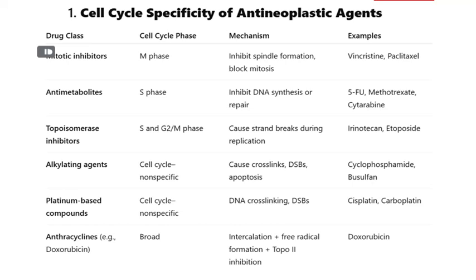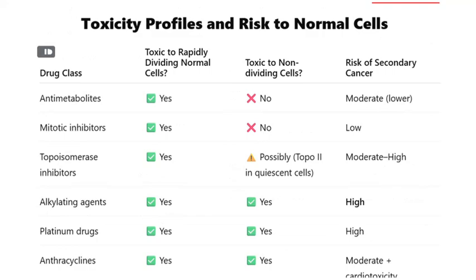So mitosis or S-phase specific drugs like antimetabolites and microtubule inhibitors tend to be less systemically toxic to non-dividing normal cells.